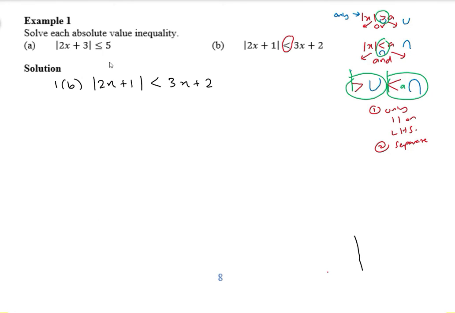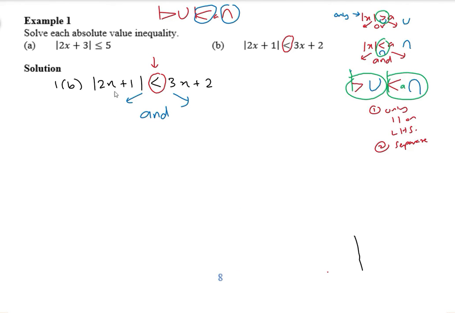So for example 1b, look at the inequality sign. It's less than, so that means when you write the word "bukan", less than is this part, this less than. So less than means "and" in the middle, and we can separate this into two inequalities.